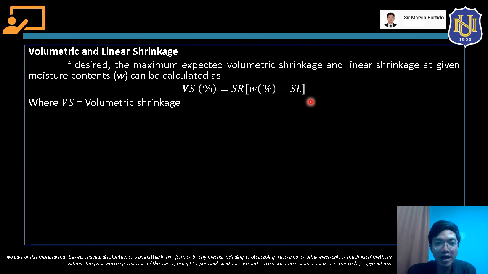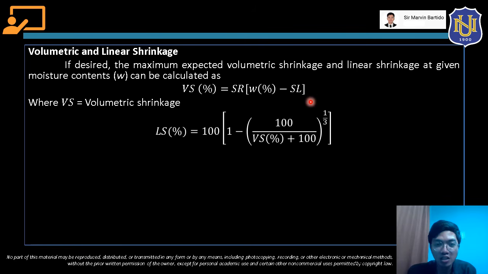And for the linear shrinkage, LS, it is equal to 100 times quantity 1 minus quantity 100 over VS, where VS is the volumetric shrinkage in percent, plus 100, raised to 1/3. This is the linear shrinkage.